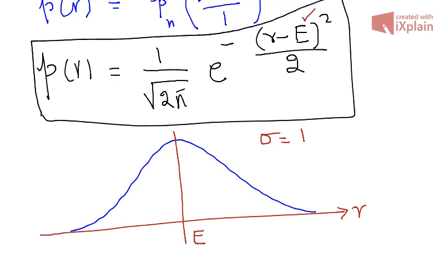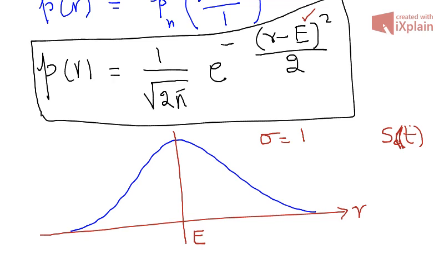Now keep in mind, this is the conditional PDF. Why do we say it's a conditional PDF? Because here we are assuming that S naught, or S of t, is transmitted, right?